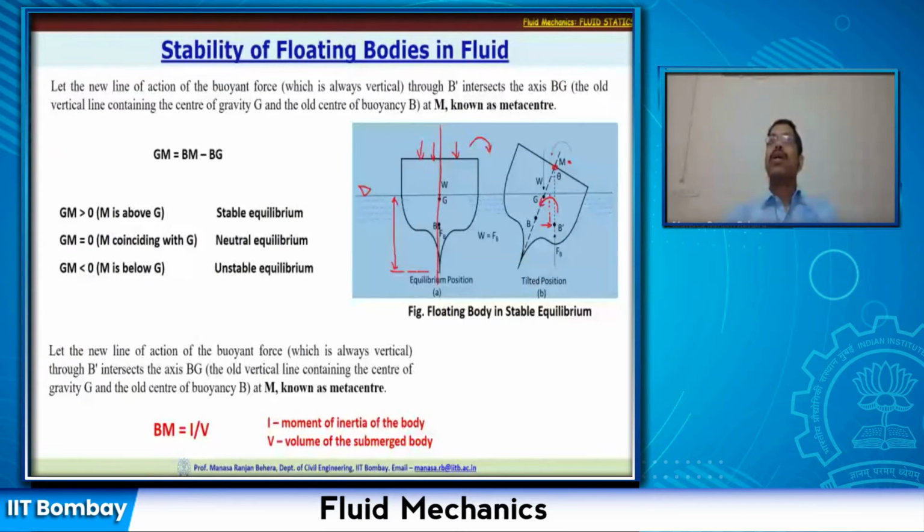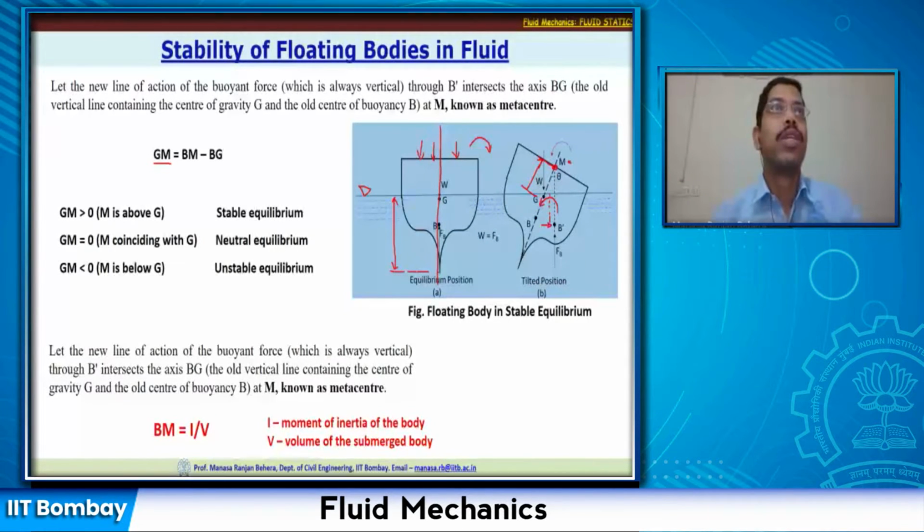Now, when will that arise? You see here, we have some distance called GM. This GM is nothing but the distance between the center of gravity and this metacenter. Please understand that the surface of this vessel and the metacenter are not the same; it could be different.